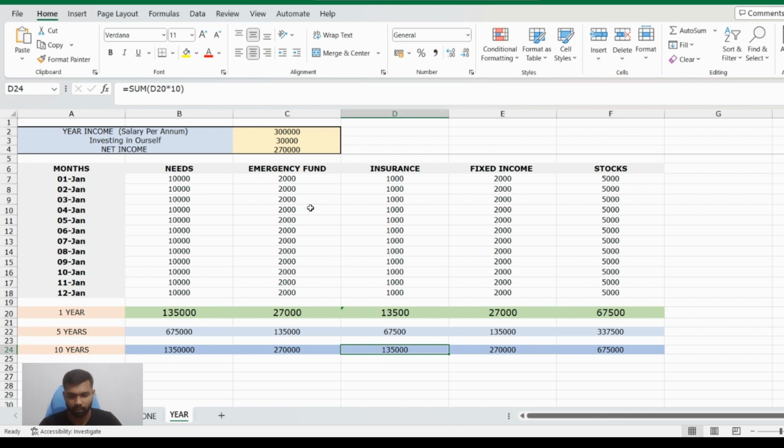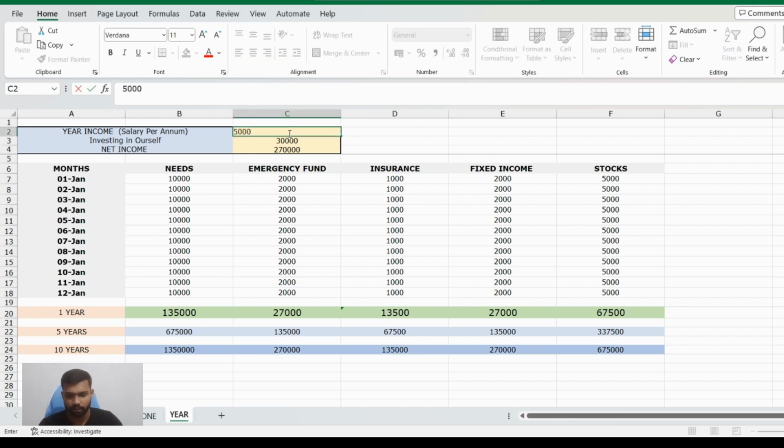Okay, now let us consider a small trick: if we consider our salary as 5 lakh, and see the changes, the change is literally high. If we see a salary of 5 lakh for 1 year, we have almost saved 1 lakh 12,000 in our equity portfolio. It is very good, and fixed income also 45,000.